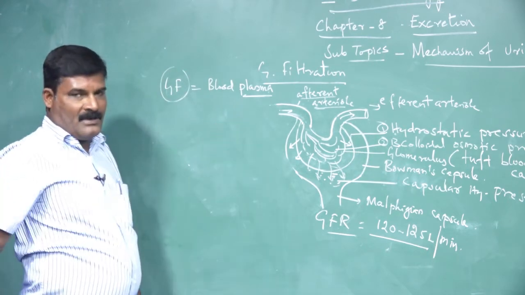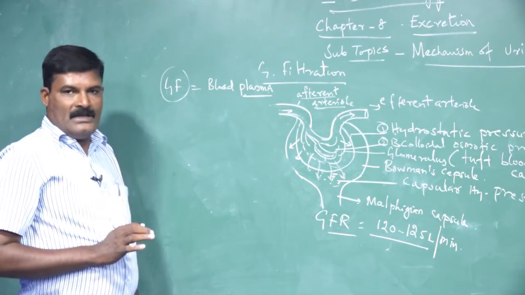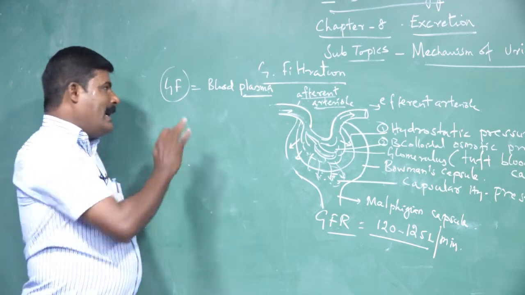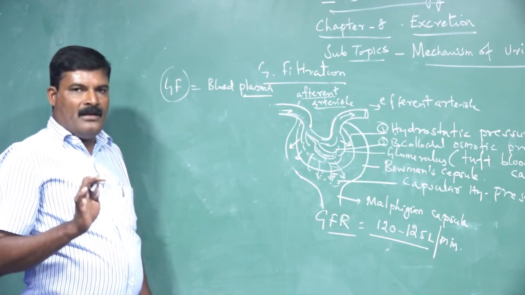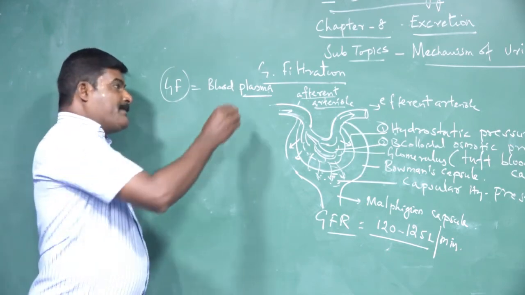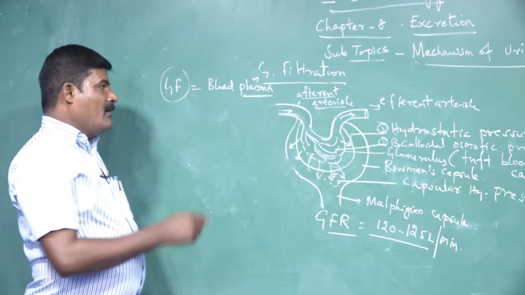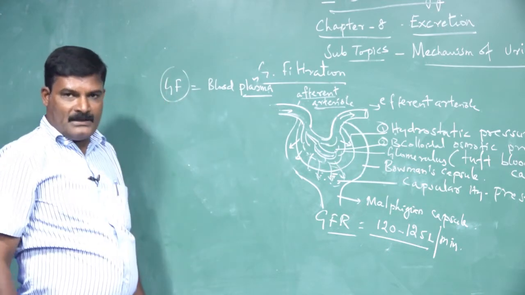The same as in the blood plasma, except plasma proteins. So listen carefully. The glomerular filtrate does not have plasma protein like albumin. Plasma protein is present in the plasma, but it is absent in the glomerular filtrate.